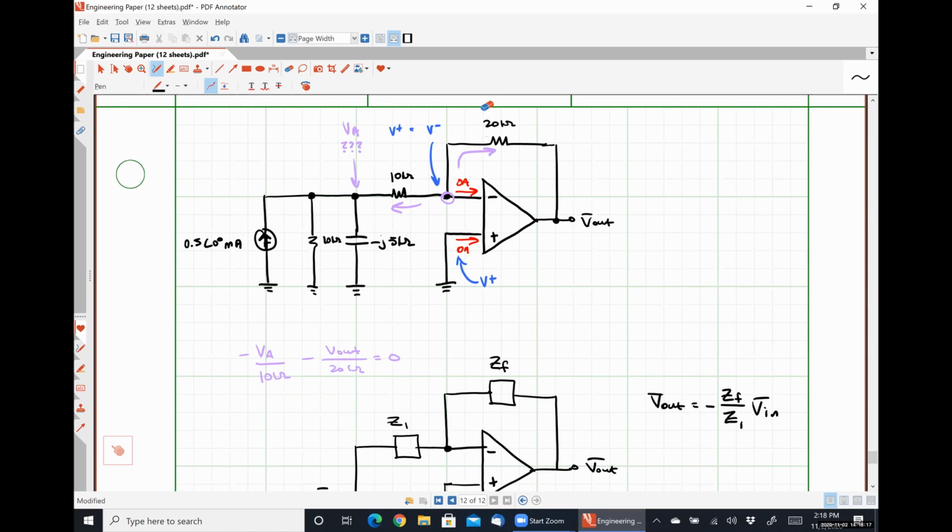So yes and no. Let me explain why I say yes and no. So we can combine this 10 kilo ohm resistor and this minus J5 kilo ohm capacitor because they're in parallel. We can do that all day. The reason why we can't combine it with this 10 kilo ohm resistor up here is because that guy isn't in parallel, right? So we could combine these two into a single equivalent impedance.